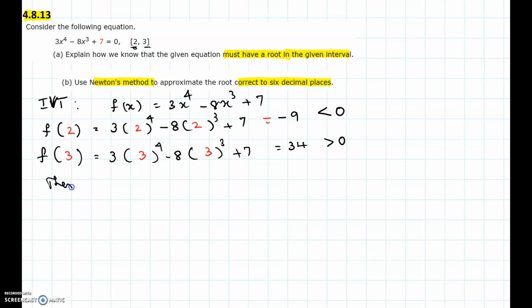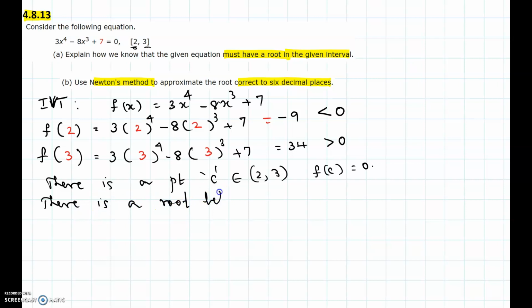So there is a point c between 2 and 3 at which f of c equals 0. In other words, there is a root between 2 and 3.